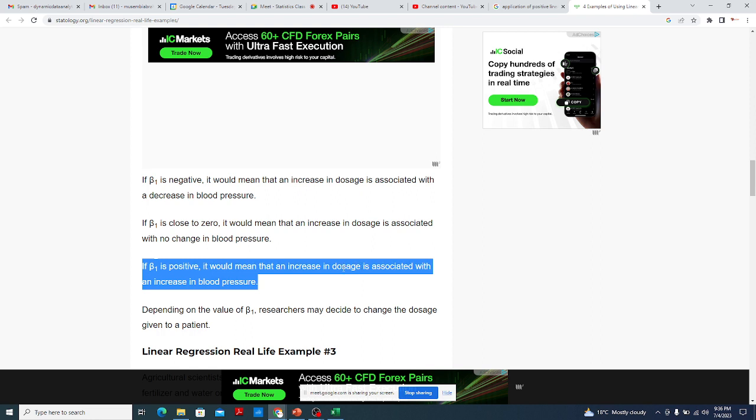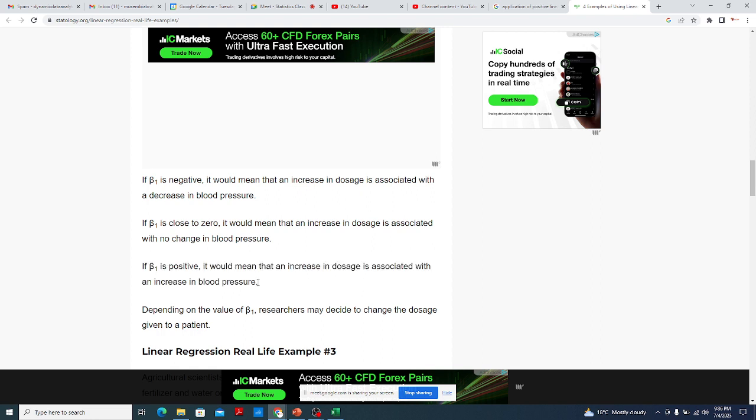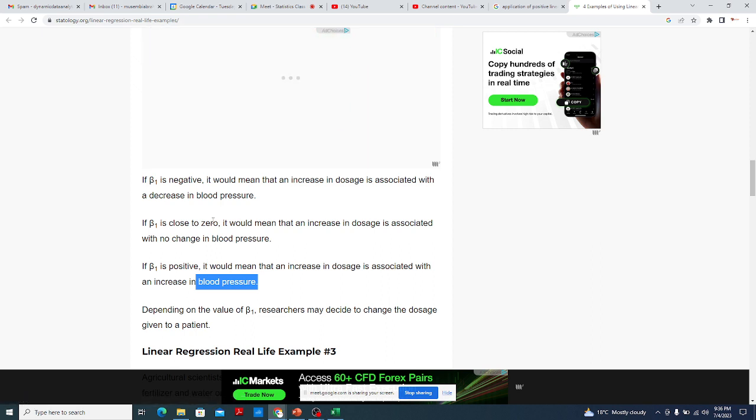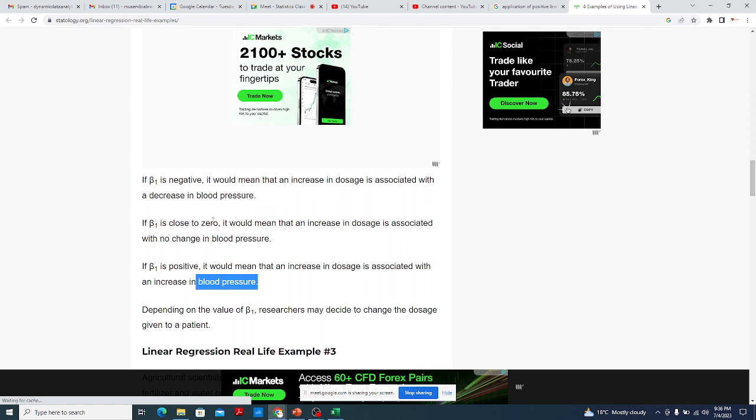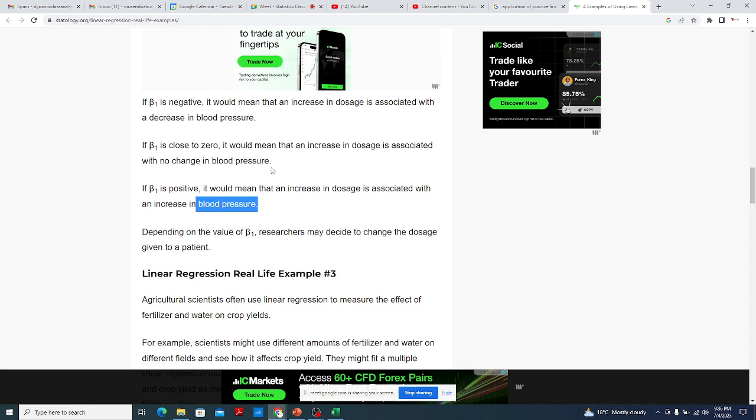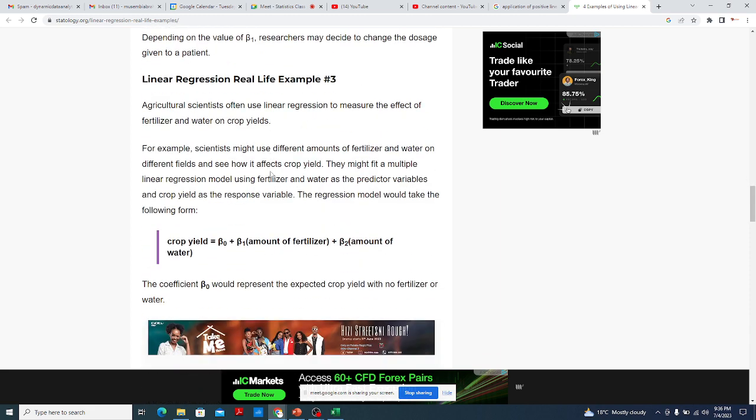Because as you increase the dosage, you can see the blood pressure is increasing. If you decrease the dosage, the blood pressure is also decreasing. So with the initial amount of dosage you gave that patient, it's better to reduce if you are getting a positive value in the rate of change.